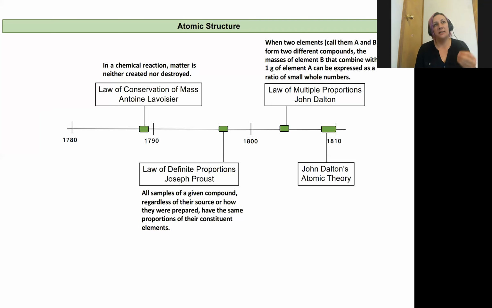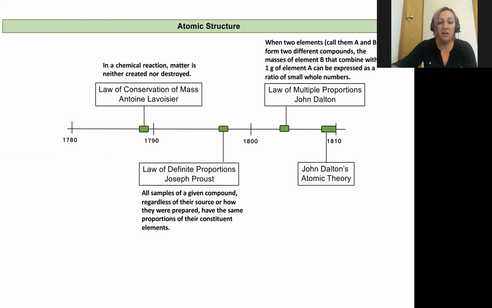And this really gets to the idea that there is something fundamental about all of the different elements, that we can't break it down further than that. That really gives us the idea of the atom: an indivisible unit that will combine in a way that will always be whole multiples of itself.